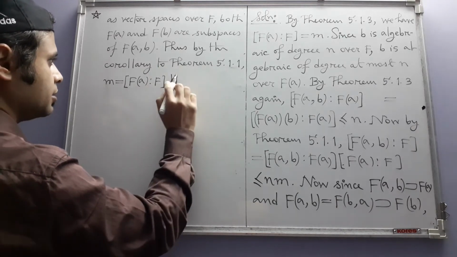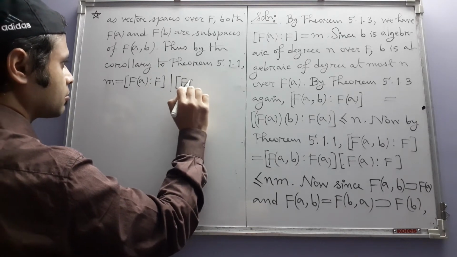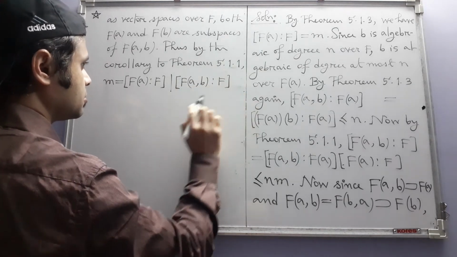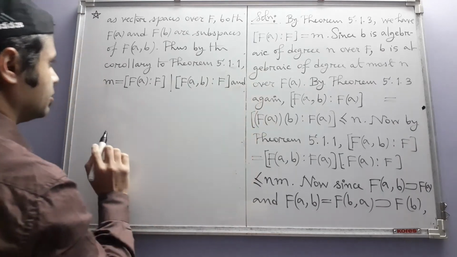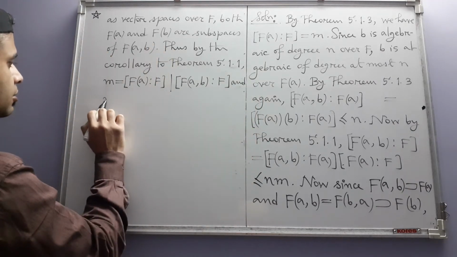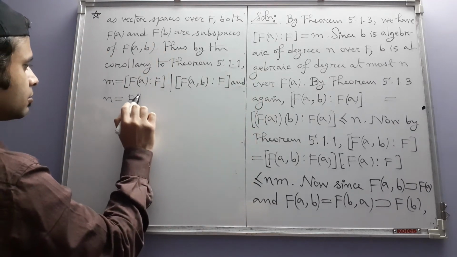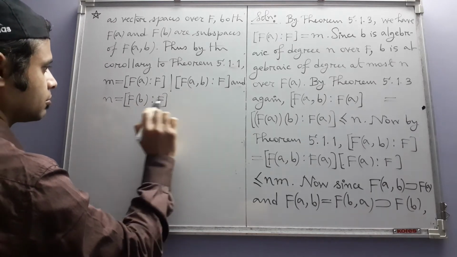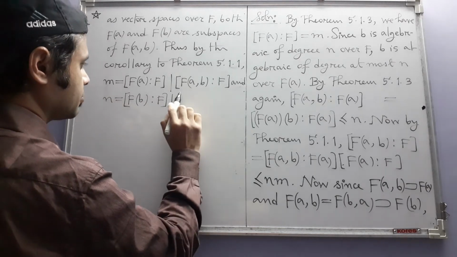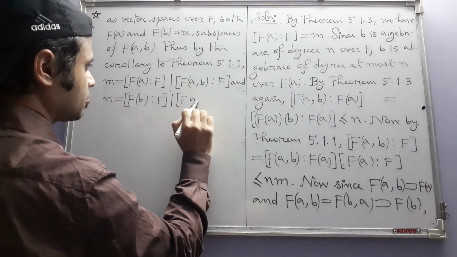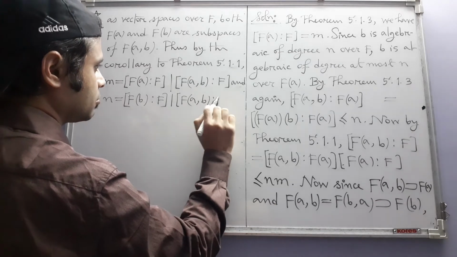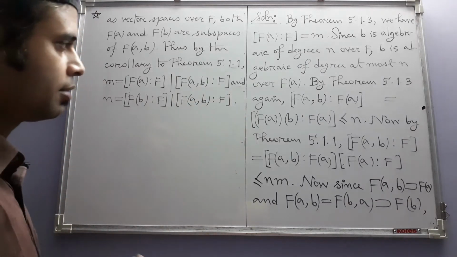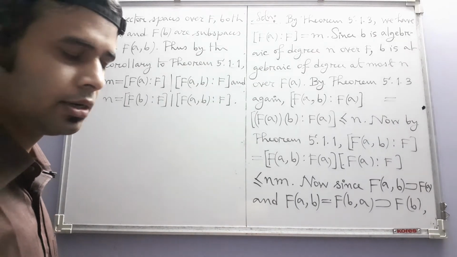This divides this, and just like that, the dimension of F(b) over F divides this. Now we use the hypothesis that m and n are relatively prime.